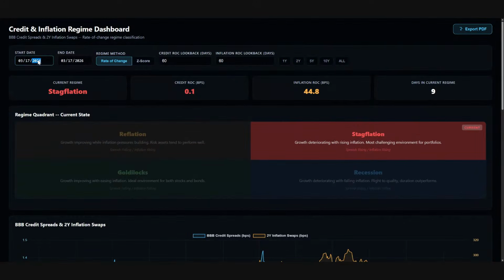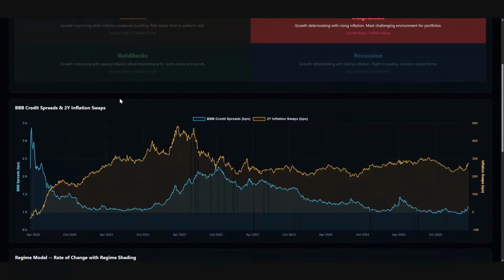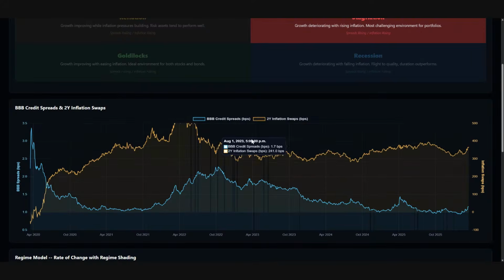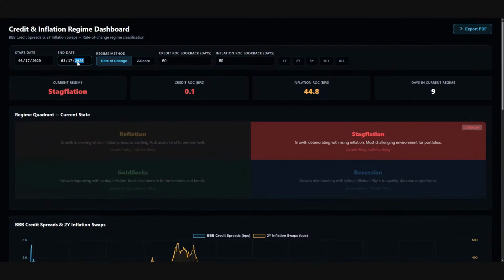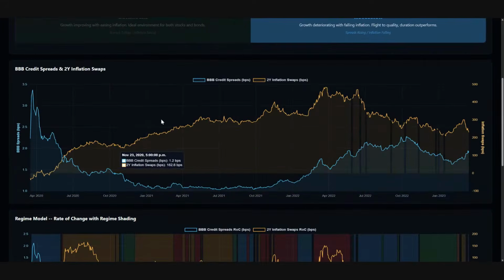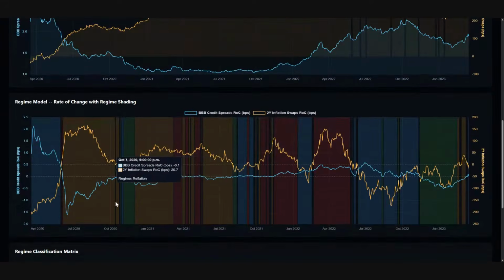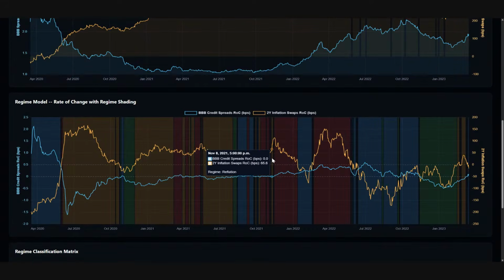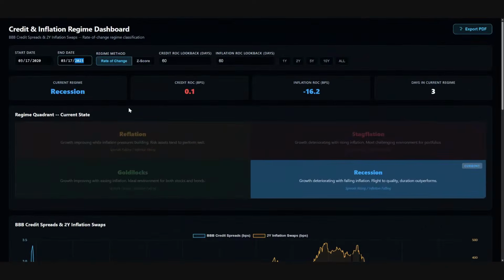For example, if we look at, we'll go back to 2020 here, and we will, let's do 2023. Oh, here we go. You can see here in 2022, and let me actually increase the look back so this makes a little bit more sense.